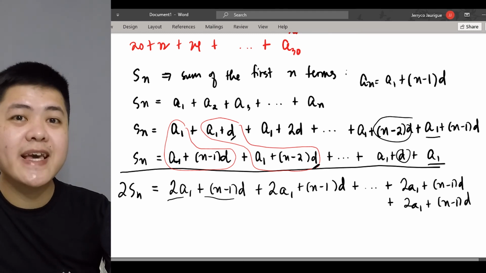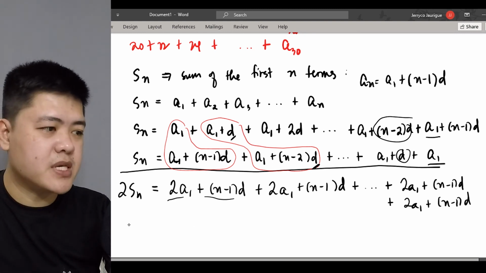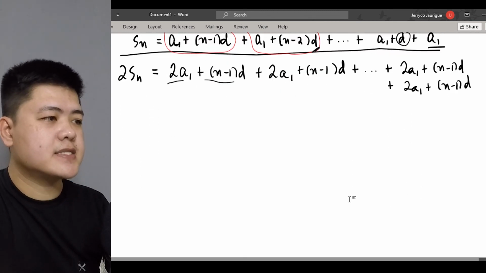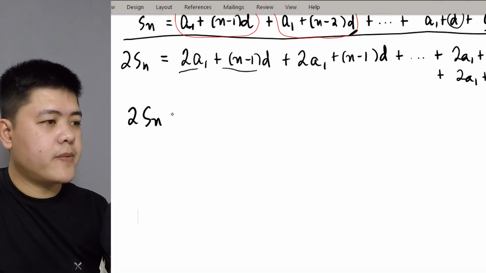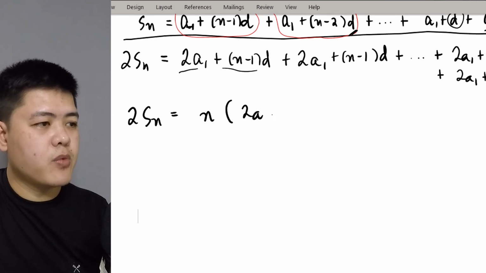And the answer is n. There are n of 2a sub 1 plus n minus 1 times d. So we can write the right-hand side as n times 2a sub 1 plus n minus 1 times d.